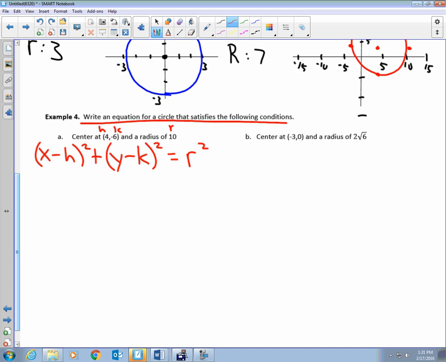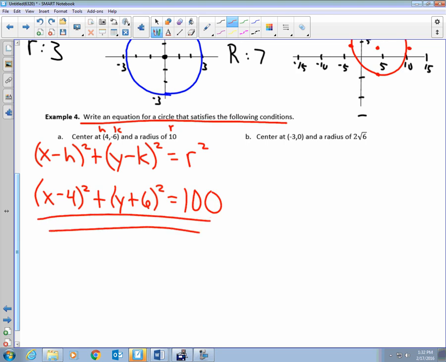So what's the first part going to look like? Good. And how about the second part? Good. y plus 6 quantity squared is equal to 100. And that's the equation for the circle that has a center at 4, -6 and a radius of 10.